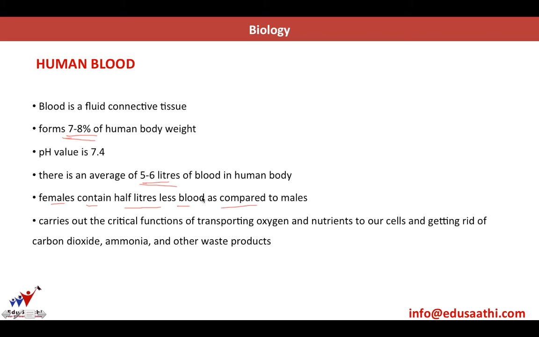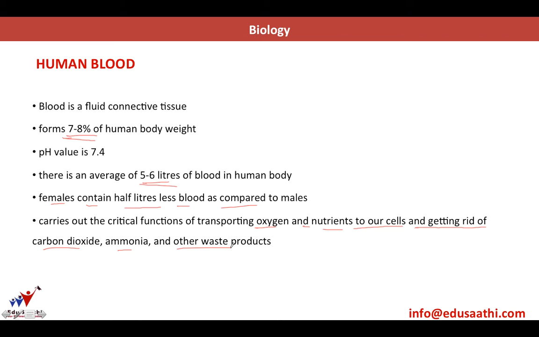Now, blood carries the critical function of transporting oxygen and nutrients to all the other body cells and getting rid of unwanted material such as carbon dioxide, ammonia, and other waste products.